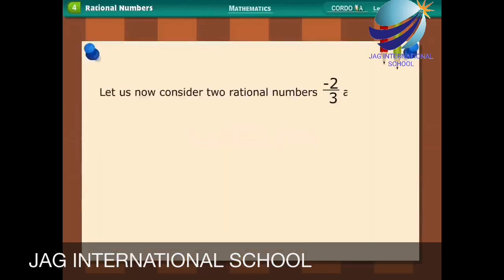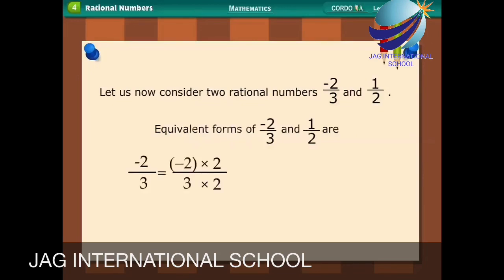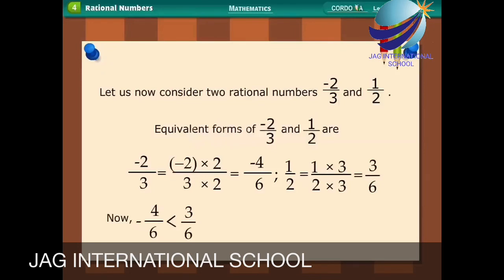Let us now consider two rational numbers minus 2 upon 3 and 1 upon 2. Equivalent forms of minus 2 upon 3 and 1 upon 2 are: minus 2 upon 3 is equal to minus 2 into 2 upon 3 into 2, which is equal to minus 4 upon 6. 1 upon 2 is equal to 1 into 3 upon 2 into 3, which is equal to 3 upon 6. Now, minus 4 upon 6 is less than 3 upon 6.